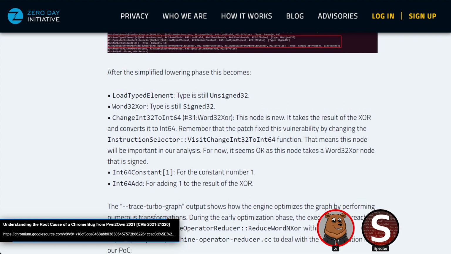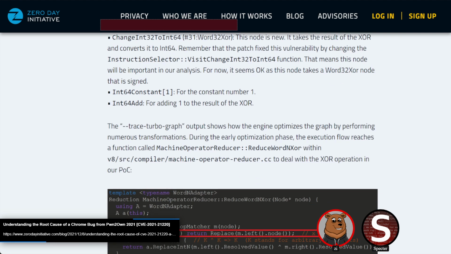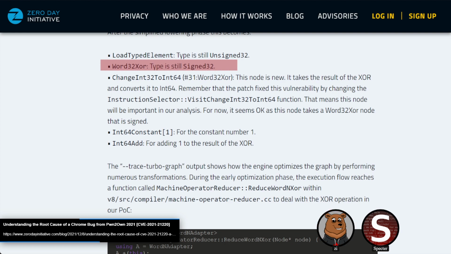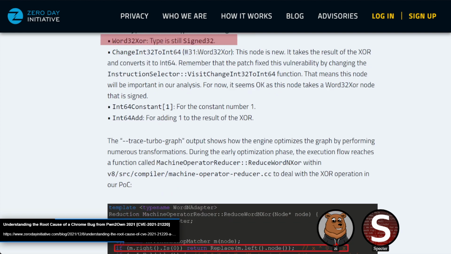So while it starts off loading it, doing the XOR, and doing the change, the optimization path just removes that XOR operation, which would have converted it into a signed integer. That leads to it passing an unsigned value. The unsigned 32-bit value that loaded gets passed directly into the ChangeInt32ToInt64, which is where you have this bug.